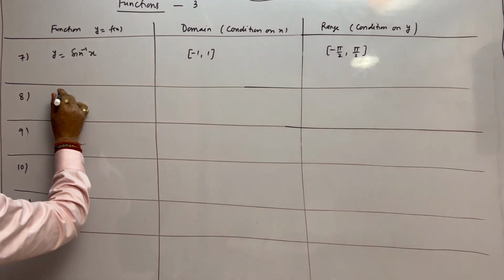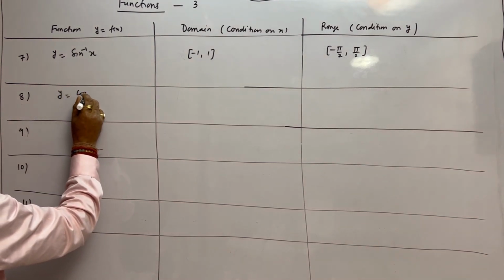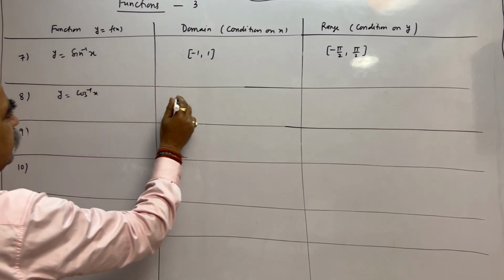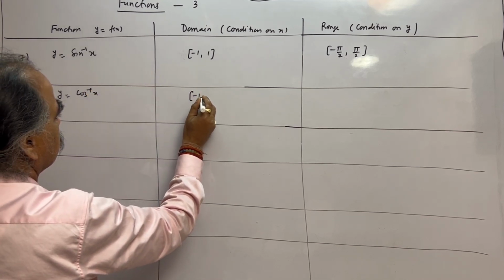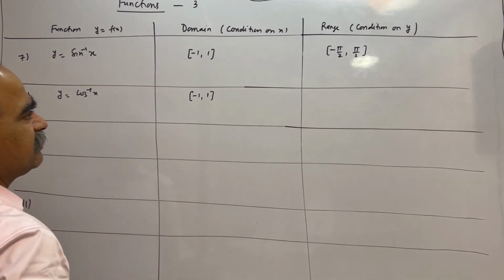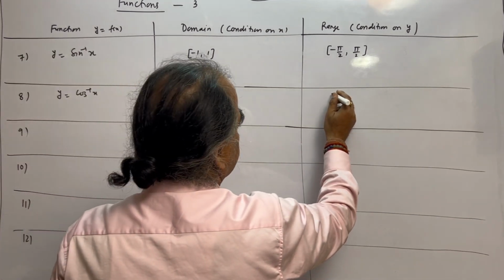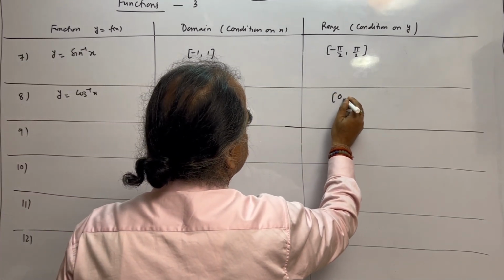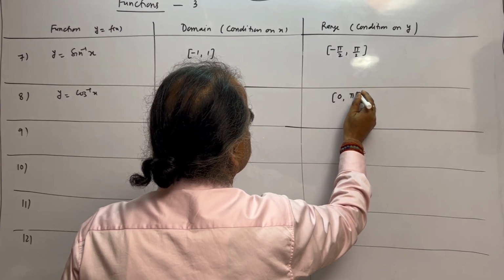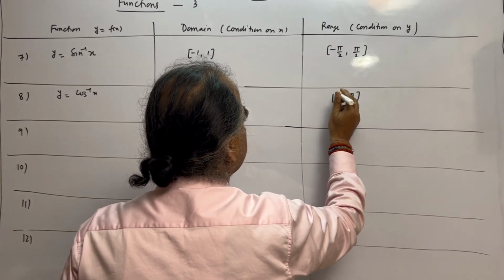Then y is equal to cos inverse x. Domain is the same, but range will be 0 to pi, including 0 and including pi.